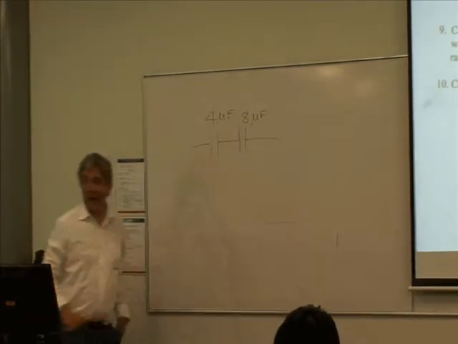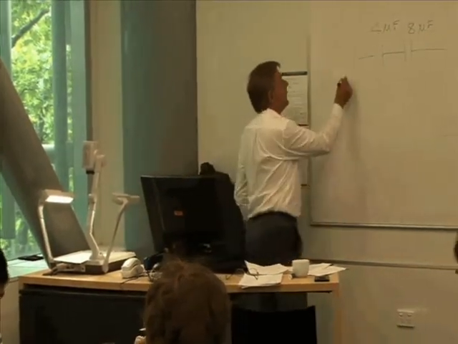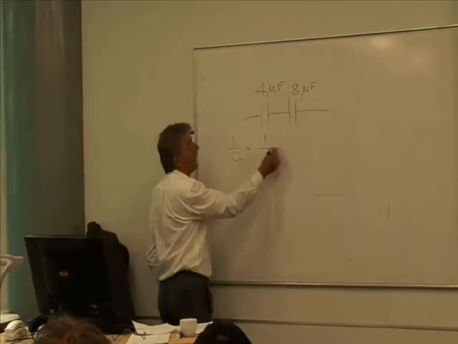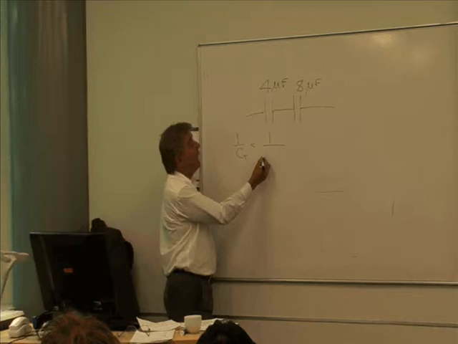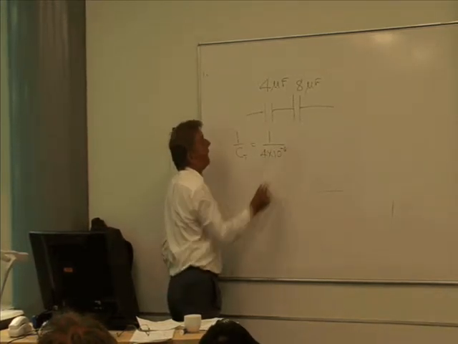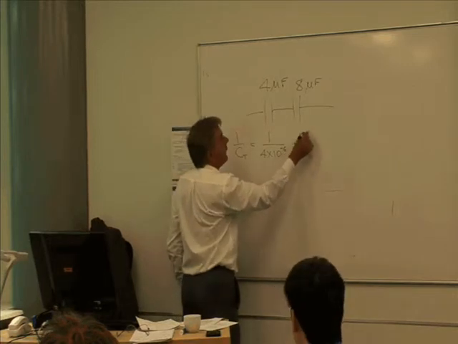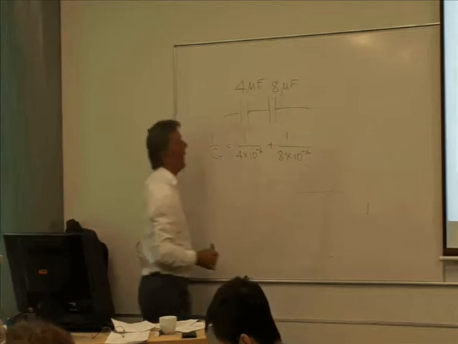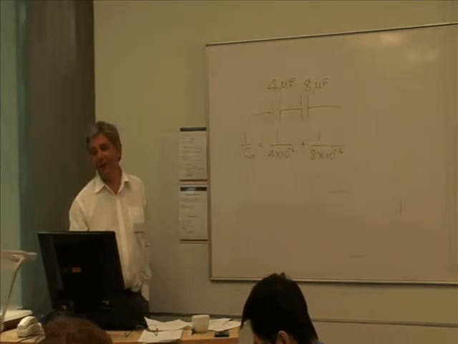How do we do series capacitance? 1 over C total equals, what are we going to put in here? 4 times 10 to the power. It's safer to do that. You could get away without doing it, because if we don't, it's just going to give us the answer in microfarads anyway.